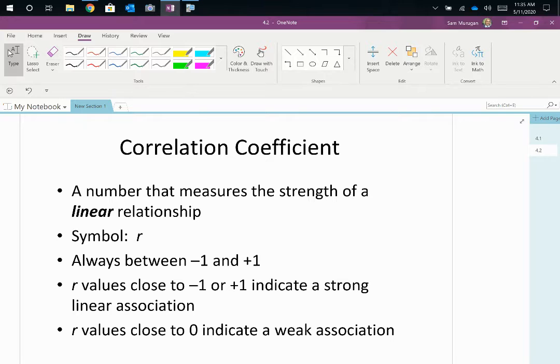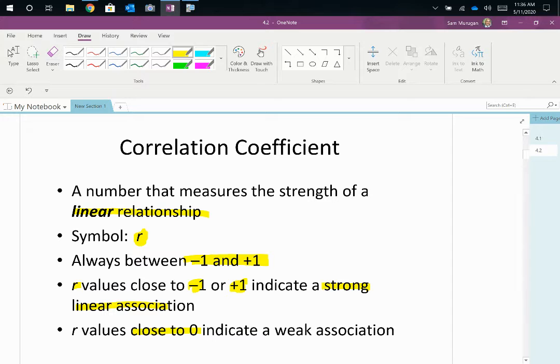The correlation coefficient is a number that measures the strength of a linear relationship. The symbol used is R, and the number is always between -1 and +1. R values close to -1 or +1 indicate a strong linear association.